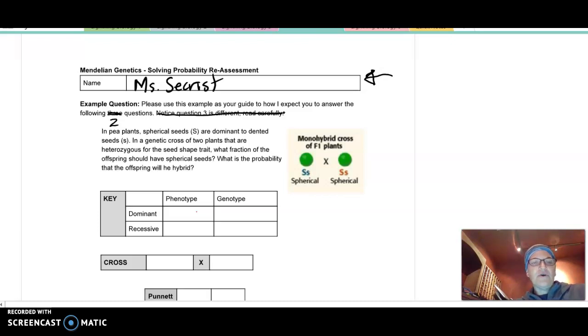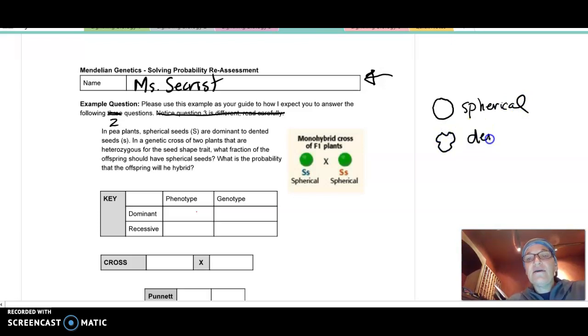All right, so we're talking about pea plants, just like Gregor Mendel grew. There are spherical seeds, which are dominant to dented seeds. A spherical seed, a sphere is a circle, so it's a ball, basically. A dented seed is going to have little dents in it.